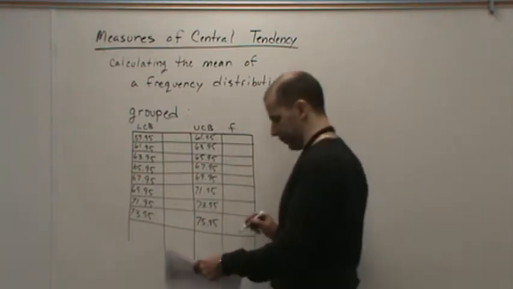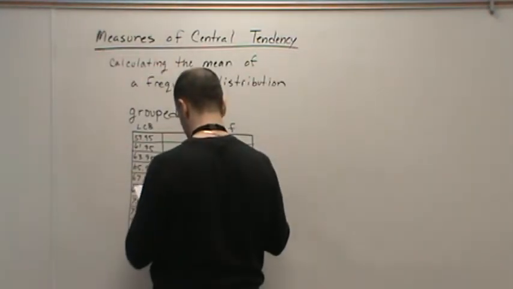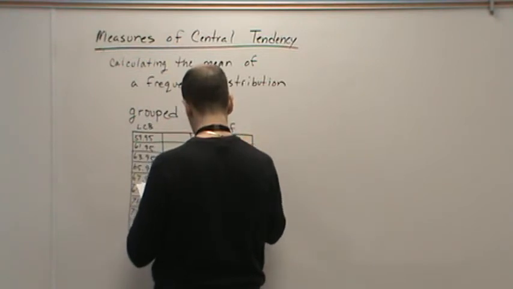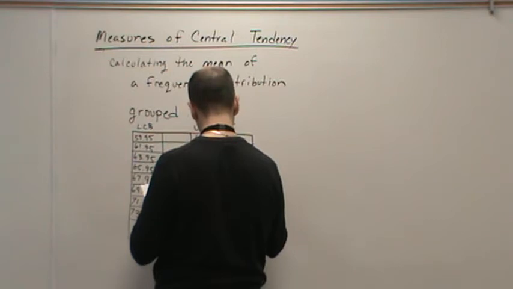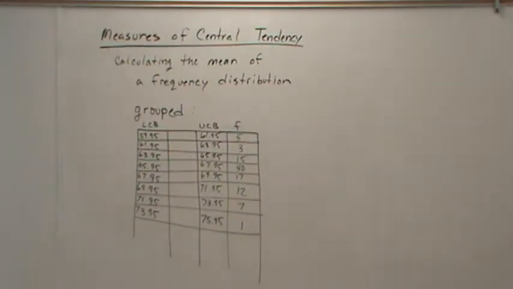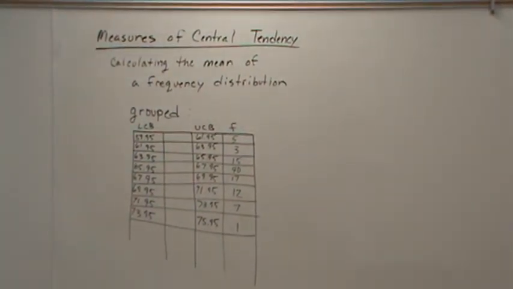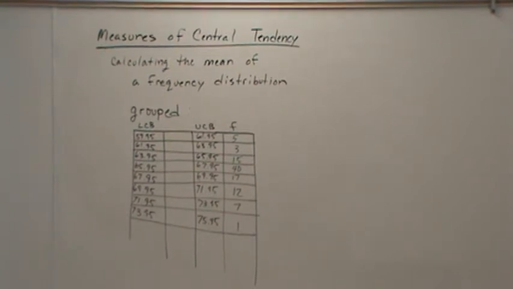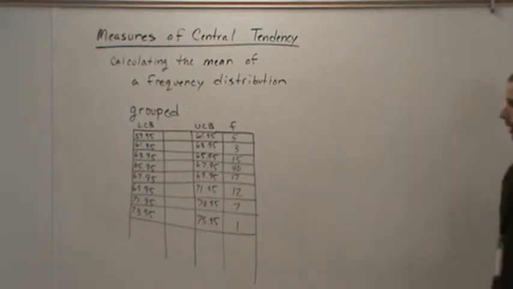So let me write down the frequencies for the table. So we have 5, 3, 15, 40, 17, 12, 7, and 1. Okay? So here are the frequencies.